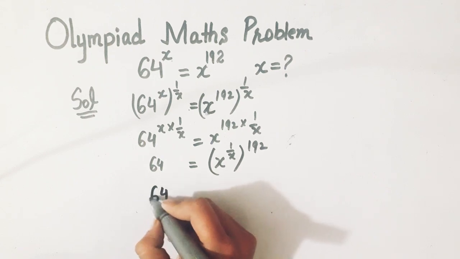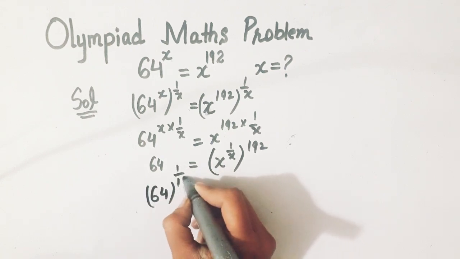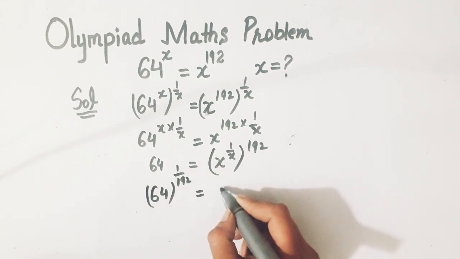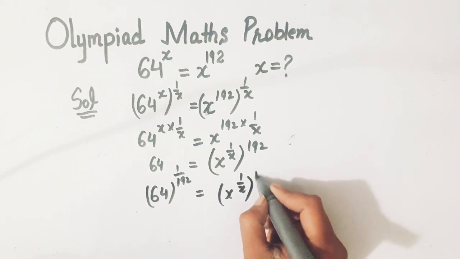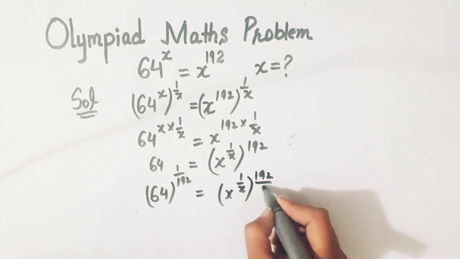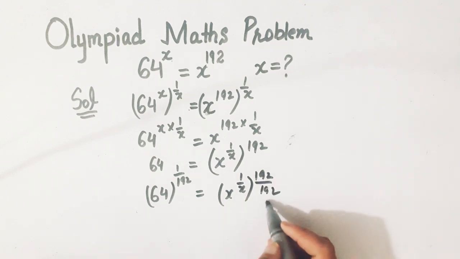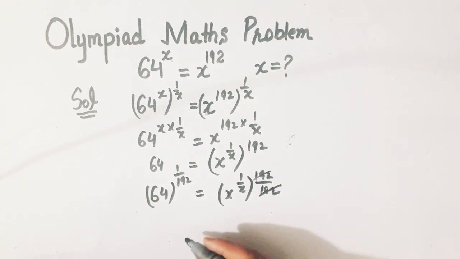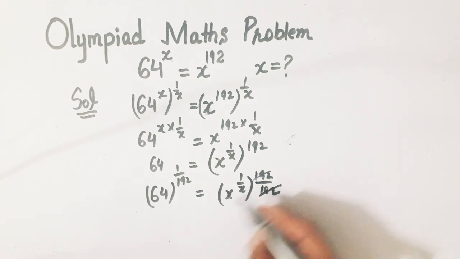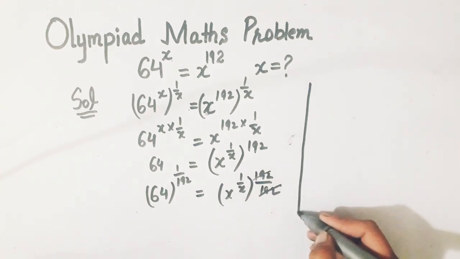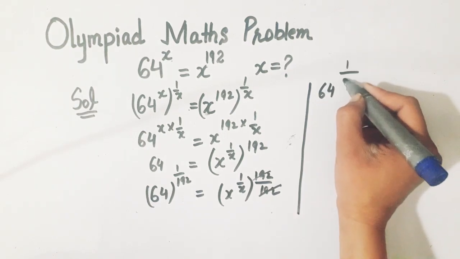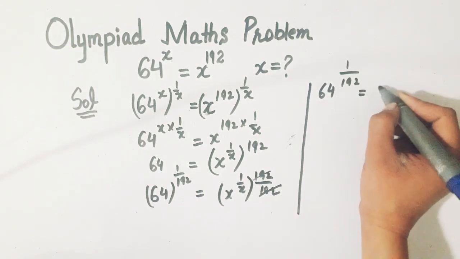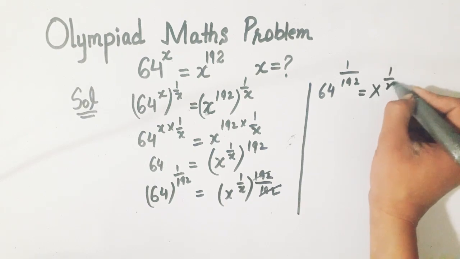So 64 power 1 by 192, and here x power 1 by x with power 192 divided by 192. So 192 and 192 both cancel out and what remains is 64 raised to power 1 by 192 equals x power 1 by x.